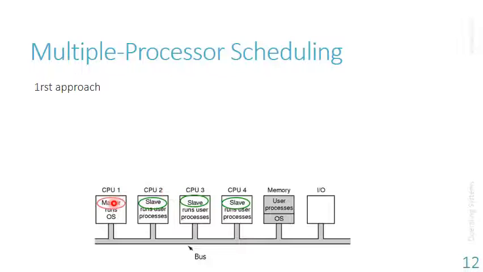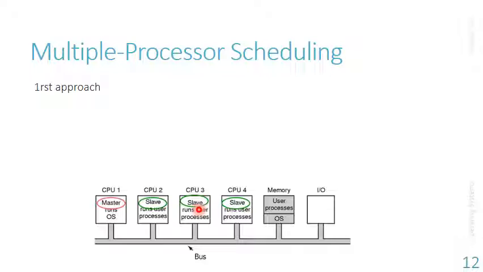All kernel processes will run on one CPU, and any other user processes will be distributed among the other existing CPUs. Here you can see a 4-core, for instance, where the first core deals with the kernel, and the other 3 cores are dealing with user processes.